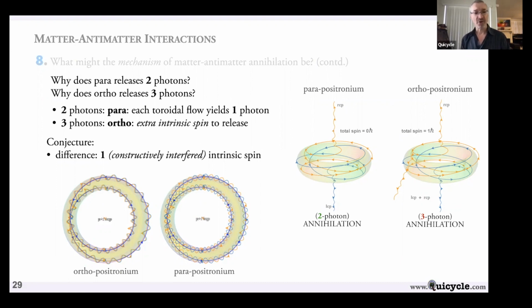But when you have orthopositronium, the intrinsic spins are now phase aligned, which constructively interferes and doubles the field, quadrupling the energy of that intrinsic spin angular momentum. So it seems conceivable that we now have an entire extra amount of angular momentum that needs to be carried away from this annihilation. And perhaps that can account for the fact that it requires this 3rd photon. So that's one possible way of thinking about it.